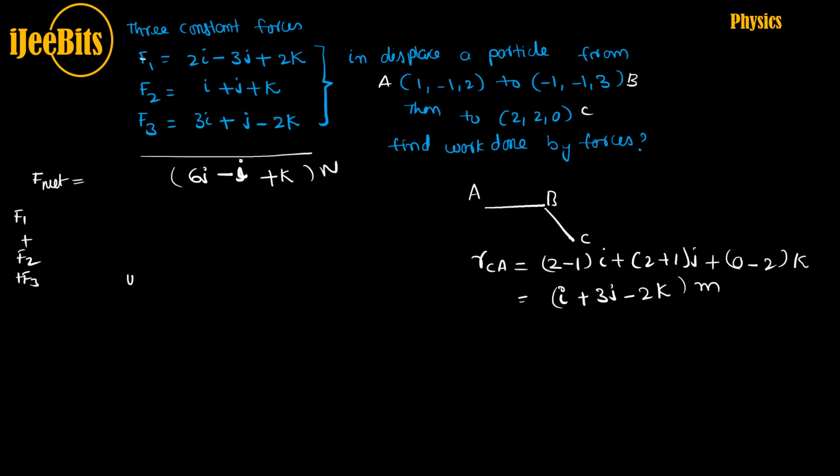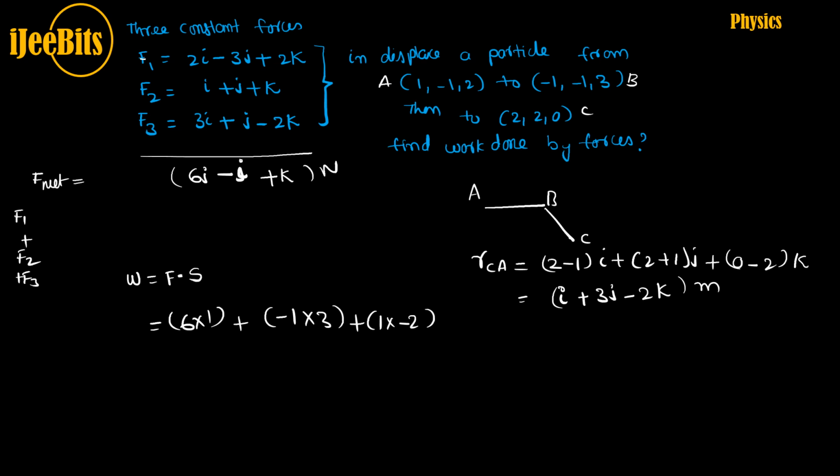Now work done would be force dot displacement. From vector theory, i into i, j into j, k into k is what you are going to consider. So 6i and 1i: you multiply 6 into 1, plus minus 1 j component multiplied by 3, plus 1k multiplied by minus 2.